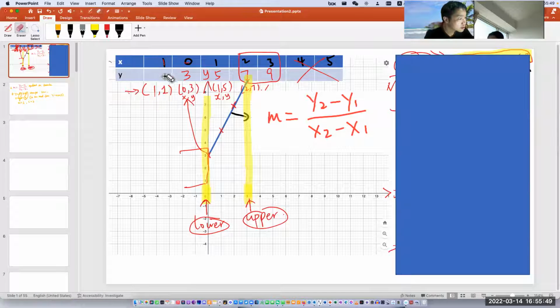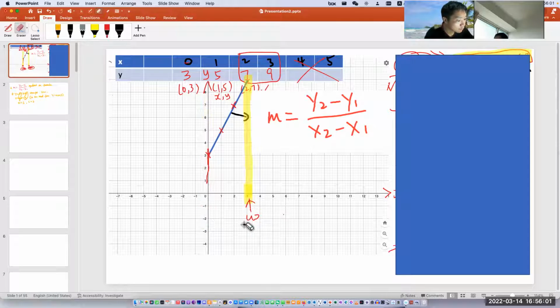The only thing you can see is the table of values and the graph. So how do you get the m if the only thing you can see is the table here? Then you need to use the formula here.